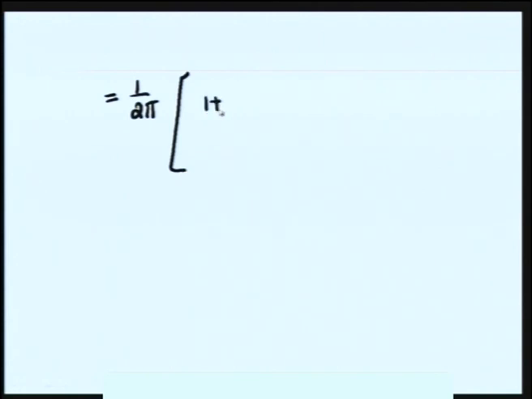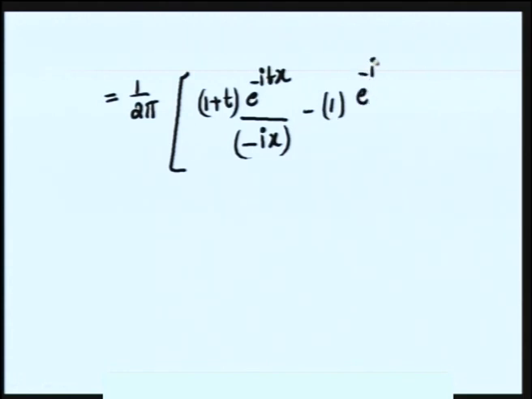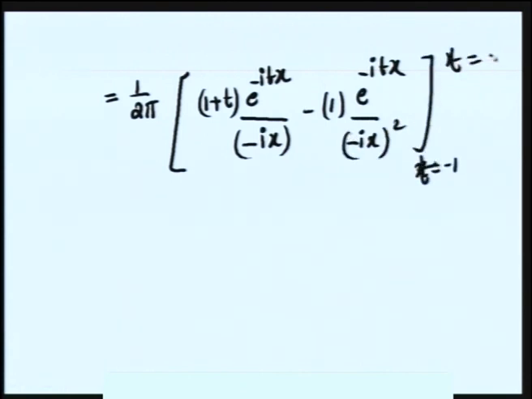First is 1 plus t into e power minus i t x. Since the integration is with respect to t, x is considered as constant, minus i x, minus 1 into e power minus i t x by minus i x whole square, within the limits t is equal to minus 1 to t is equal to 0.